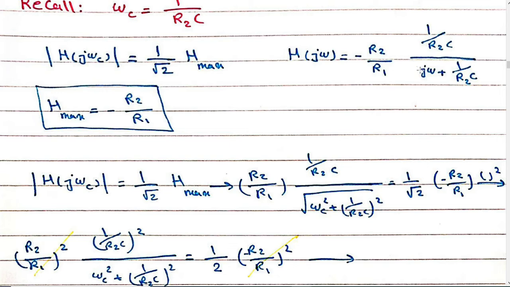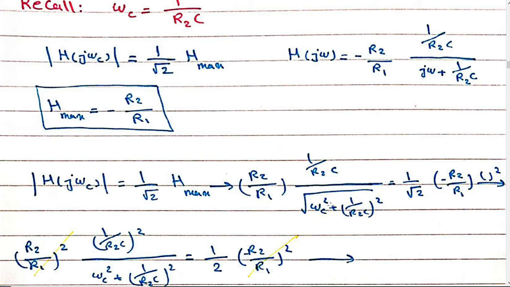It is the square root of the real part squared, this is the real part over here, plus the imaginary part squared, which is omega c squared. Okay, is that clear? Do you follow me?